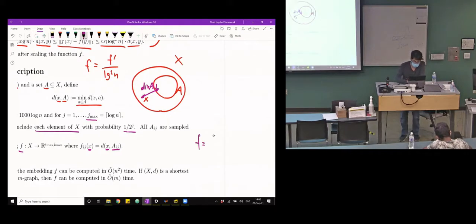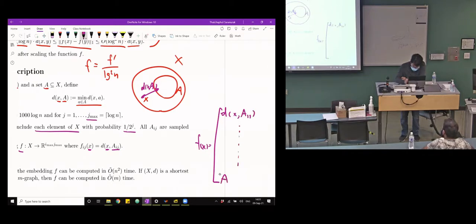So f will have log squared n coordinates, and f of x is the vector of these distances, indexed from 1 up to i max, j max.